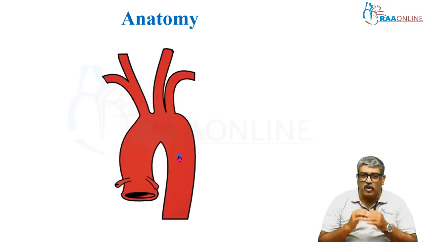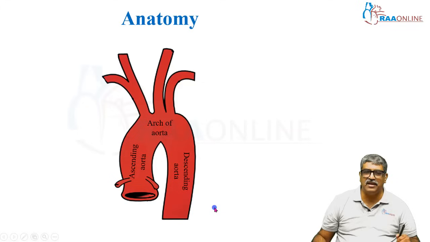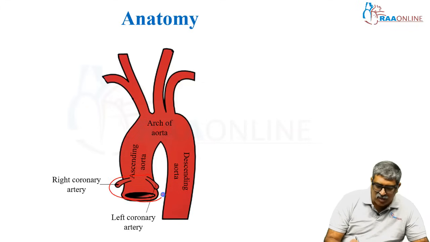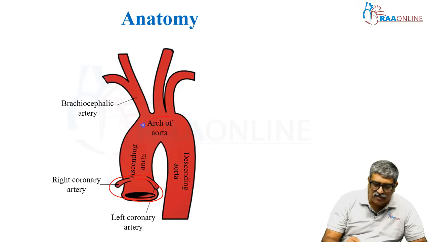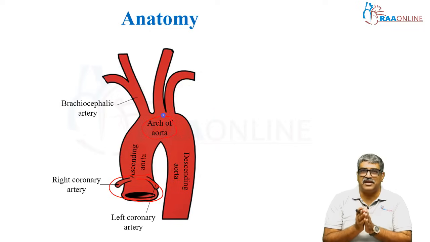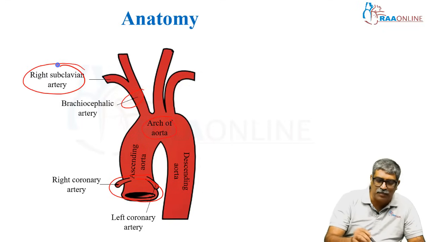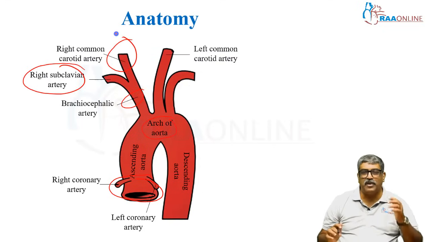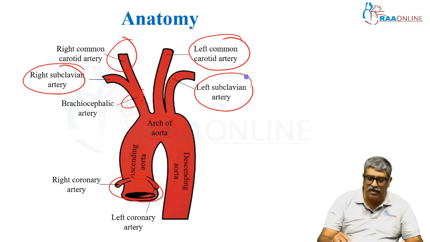Now coming to the thoracic aorta, you have the ascending aorta, arch of aorta, and the descending aorta, and just above the annulus you have the right and left coronary arteries. The vessels which arise from the arch of aorta are very important. You have the brachiocephalic artery which divides into the right subclavian artery and the right common carotid artery, and from the arch you have the left common carotid artery and the left subclavian artery.